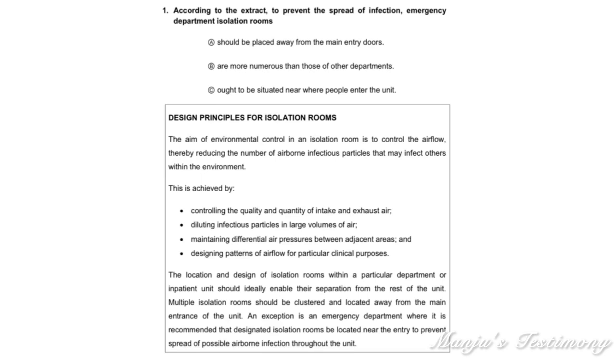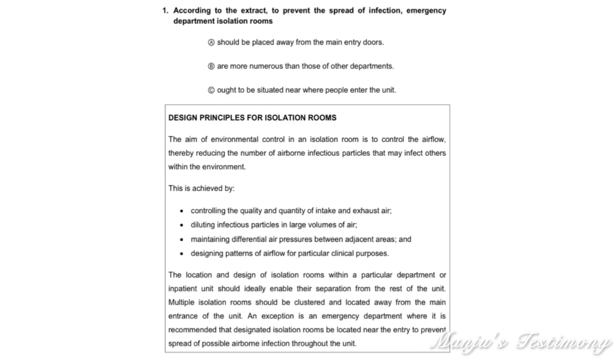The isolation rooms are everywhere, but an exception is the emergency department, where it is recommended, and that is talking about the location. So option C is ought to be situated near where people enter the unit. What does near where people enter the unit mean? The entry door, right? Through the entry door only the people could enter the unit.